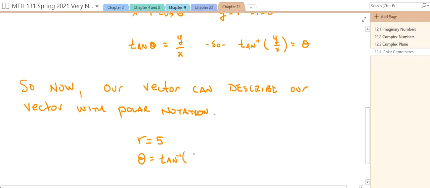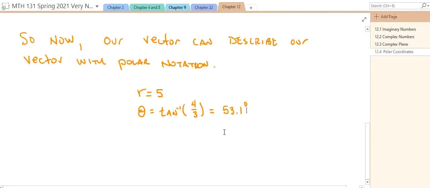I guess we didn't calculate it up there, but the inverse tangent of 4/3. If you throw that in your calculator, you end up with theta equals 53.1 degrees. So we could write it like this: r equals 5 at 53.1 degrees.